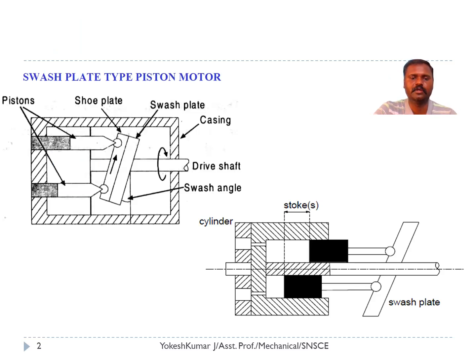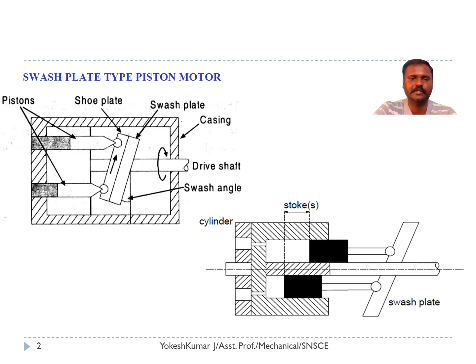In this motor, we have an outer body. Inside the body, we have a cylinder block, where the pistons reciprocate inside the cylinder. The number of pistons may vary according to the power requirement of the motor.